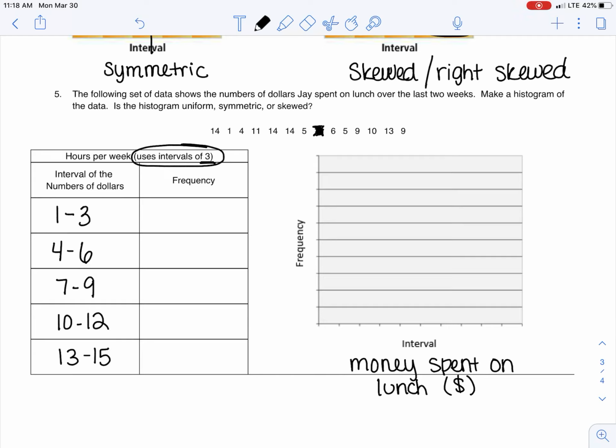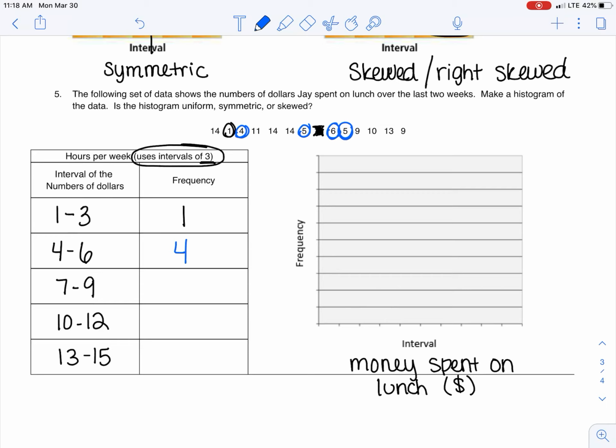Okay. So for frequency, we're going to go 1 to 3. We have 1, and it looks like that's the only number between 1 and 3. So we only have one of those. Then we can go 4 to 6. So we have 1, 2, 3, 4.